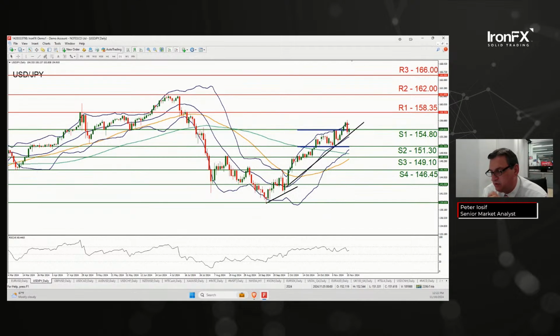Definitely we've covered the USD side, but the JPY side is also quite interesting.